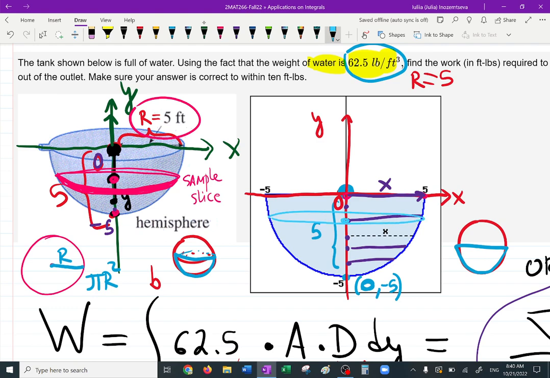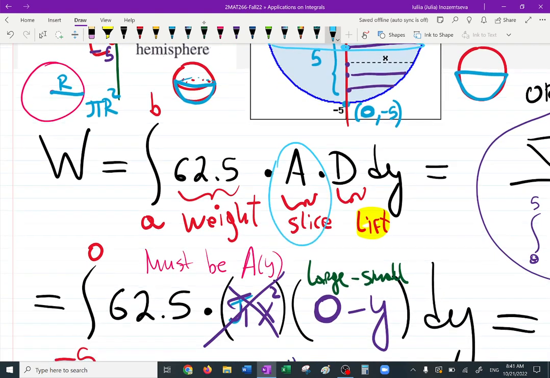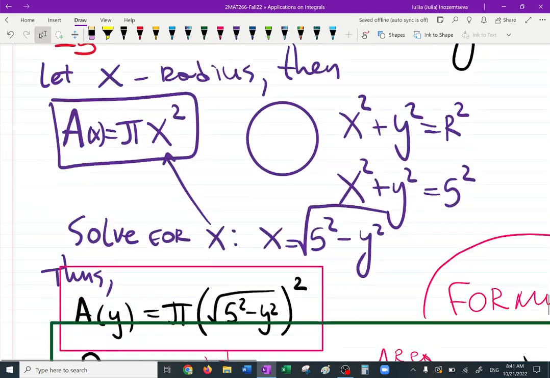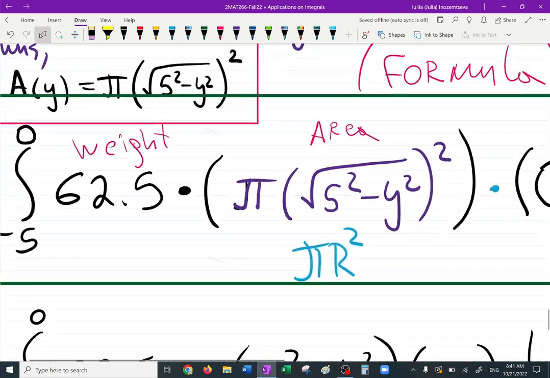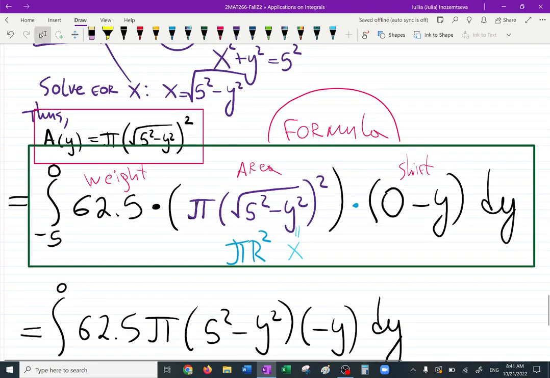So I could not just use 5 in the formula. So this a was not just a number. And I could not put pi r squared either. So instead, I had to put pi r squared in terms of a changing function. So we had to find what the r is in terms of y. And then we used the x squared plus y squared equals r squared notation.